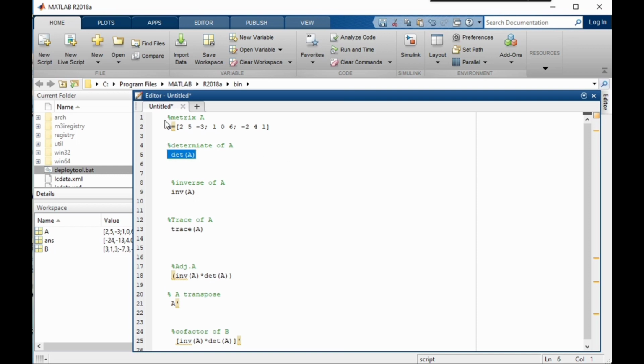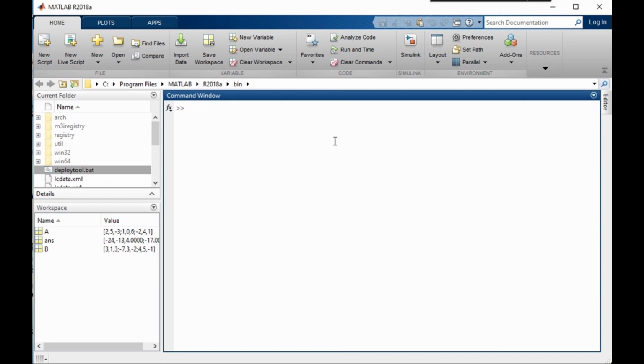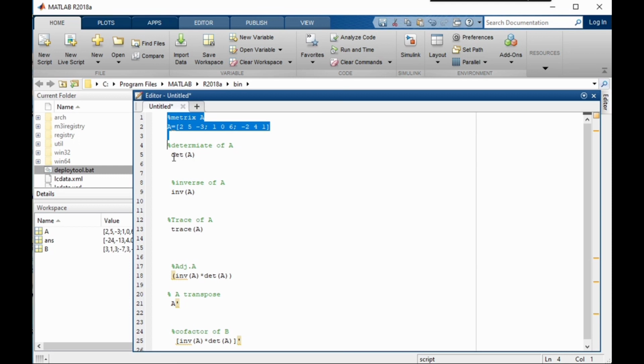So we are going to copy everything. Let's first copy the matrix. Control plus C to copy, and then Control plus V to paste. You can see that the matrix A has given us the output. Okay, let's make it fast, and then copy the determinant.